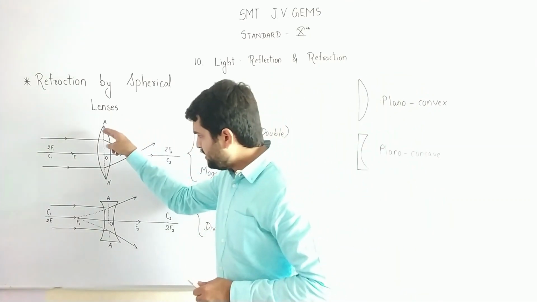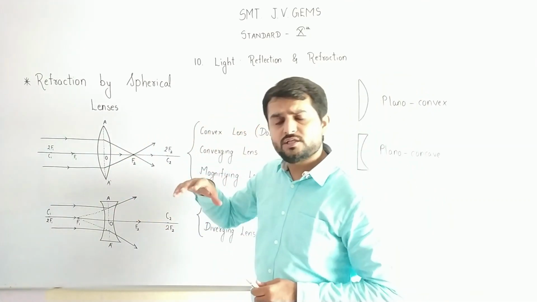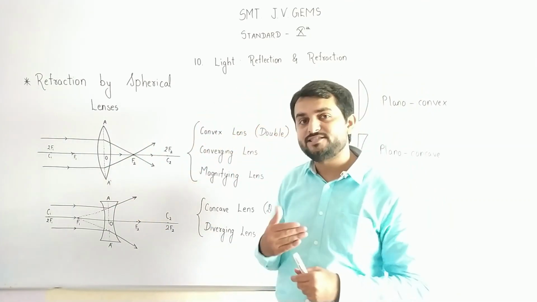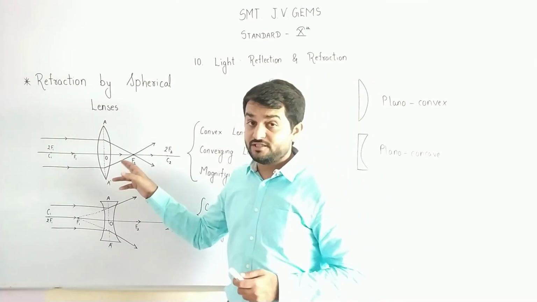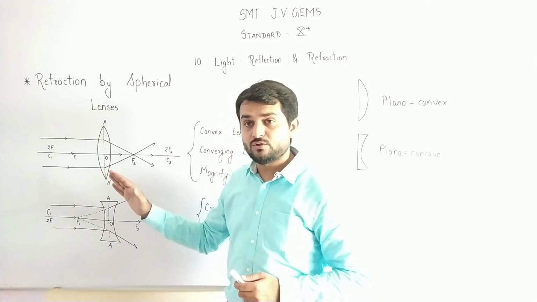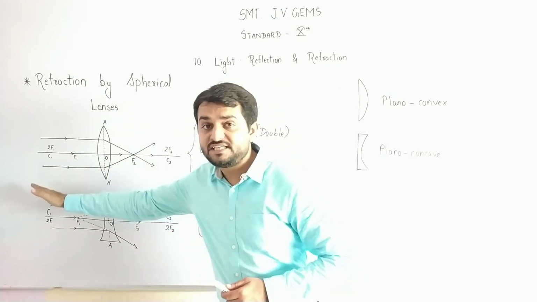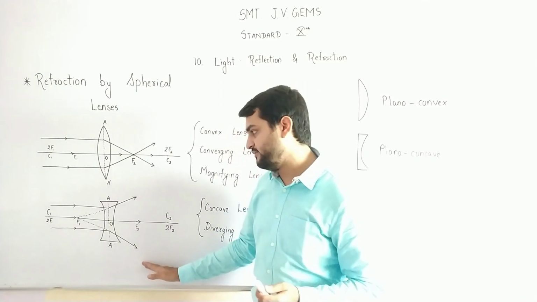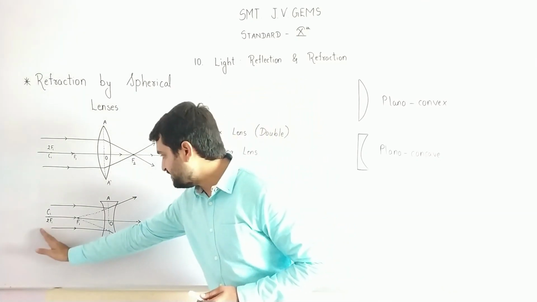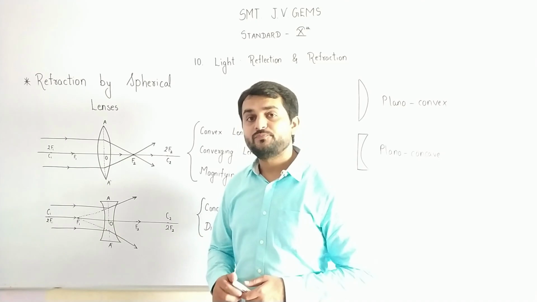Now, it is made from a sphere, so the center of that sphere will once again be called the center of curvature. Here there are two curved surfaces, so we will indicate them by C1 and C2. Similarly, over here also the centers of curvature are C1 and C2.